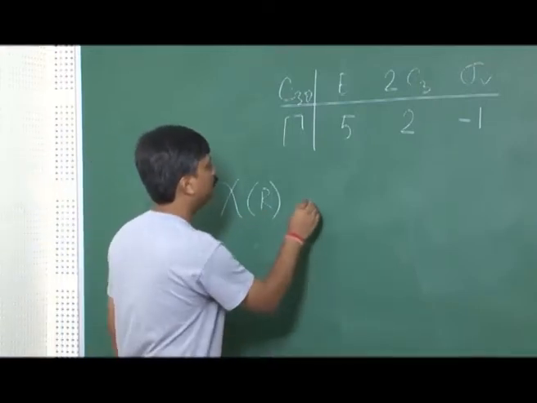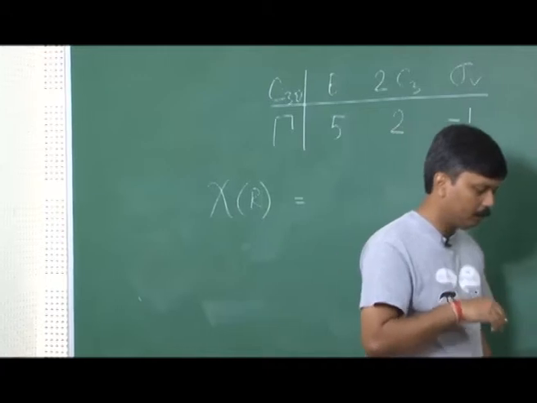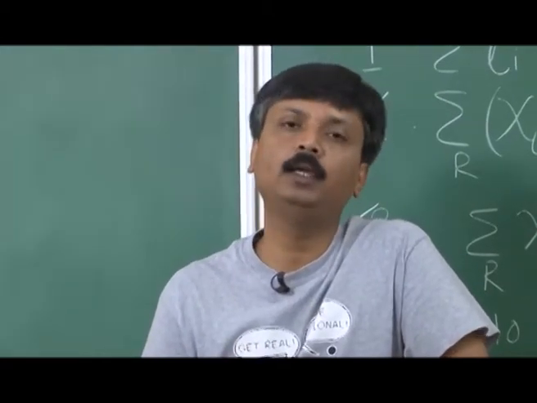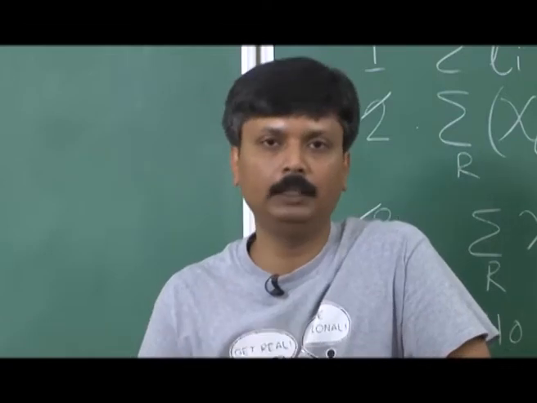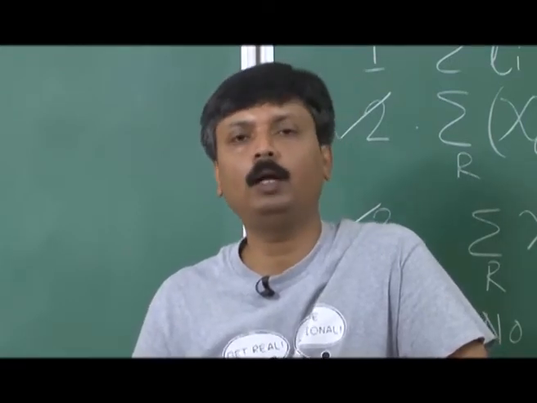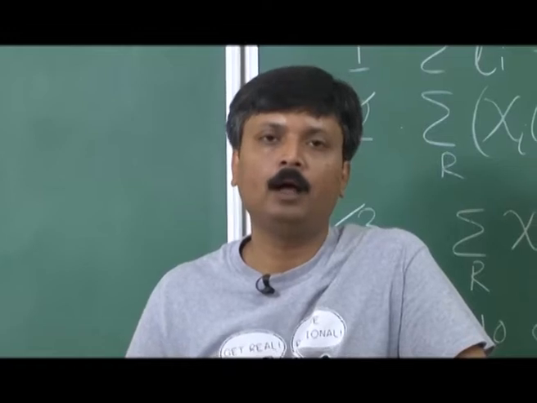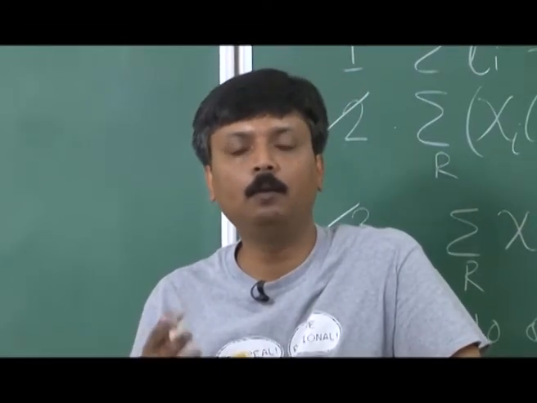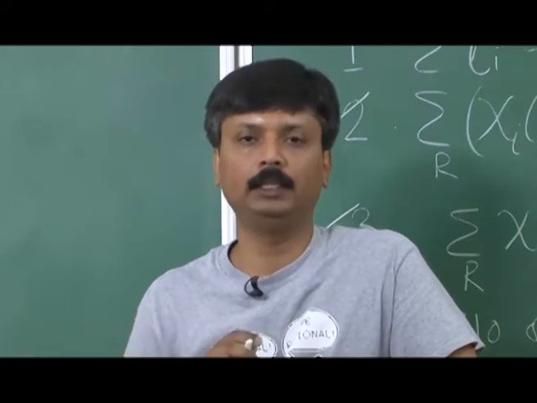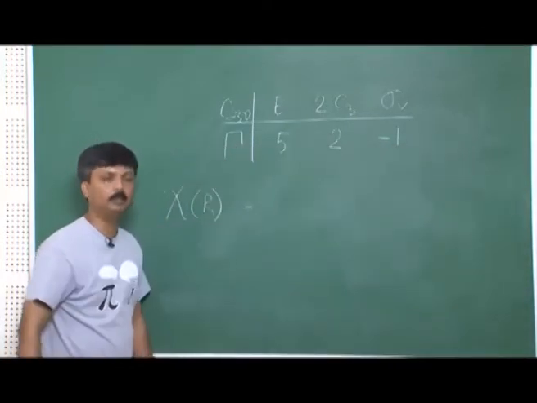Now for any given operation, I can reduce this representation, and ultimately it will give me those irreducible representations that are possible for C3v, like what we got: A1, A2 and E. Depending on what type of basis function I chose at the beginning and the size of the representation, there may be n1 number of A1, n2 number of A2, and n3 number of E irreducible representations present if I reduce this large representation.